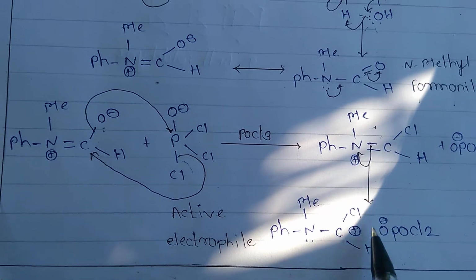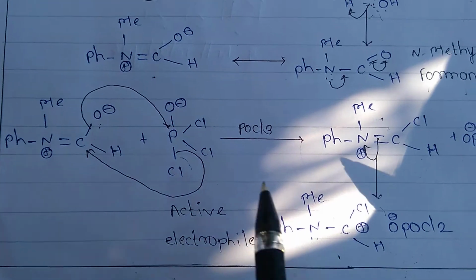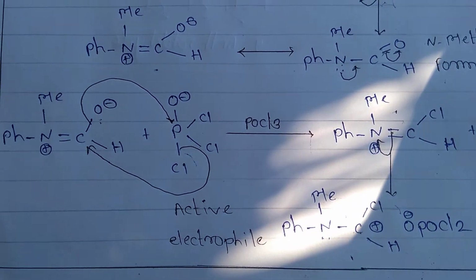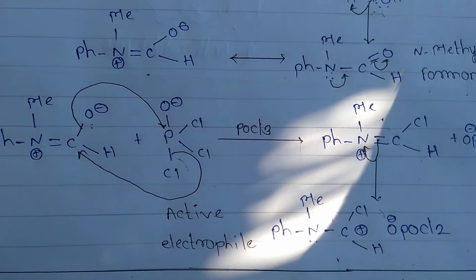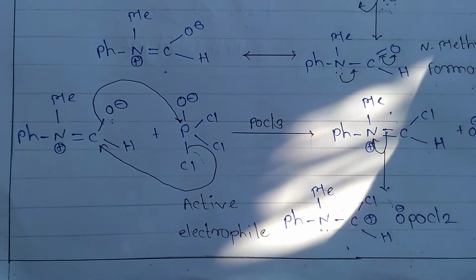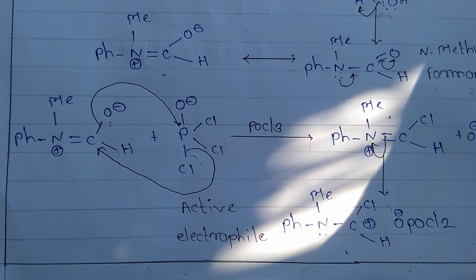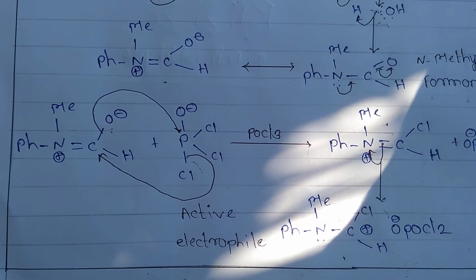Here is our carbocation, that means counter cation, or here is our counter anion. So it is called the active electrophile. After that, the active electrophile attacks the aromatic ring, and the further reaction takes place. That is called the formylation of the aromatic compound.